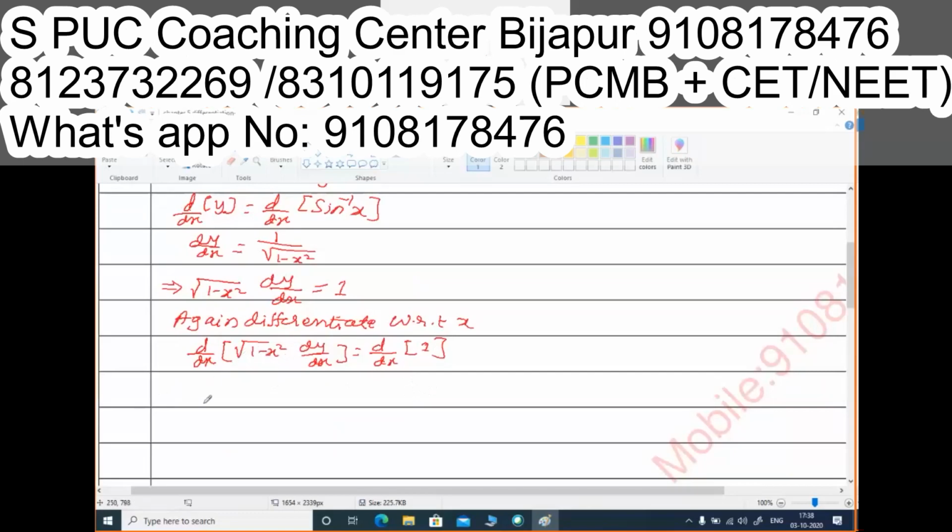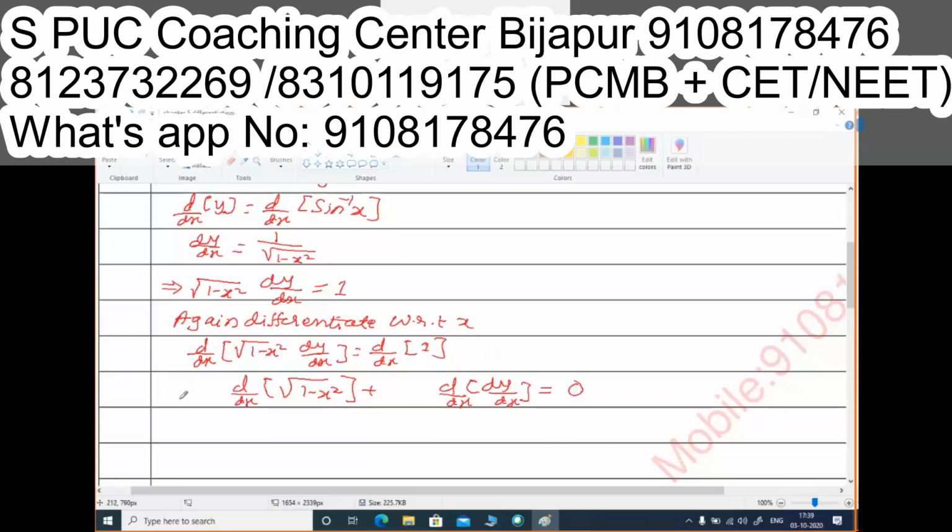You leave this space. d by dx of root of 1 minus x square, that is the first function, plus again d by dx of dy by dx, which is equal to, first of all, I am going to write the differentiation of this 1 with respect to x as 0.